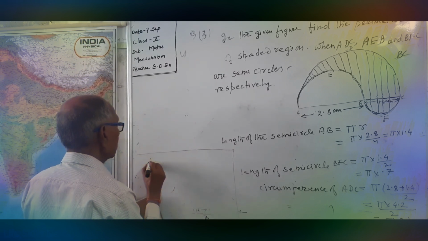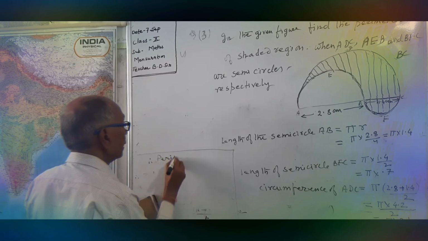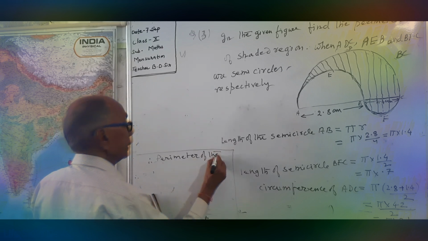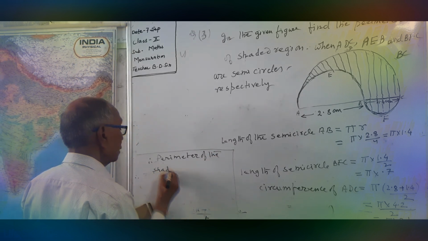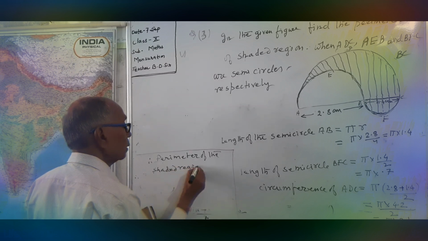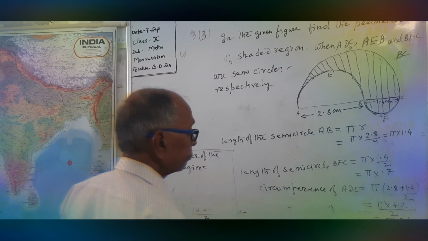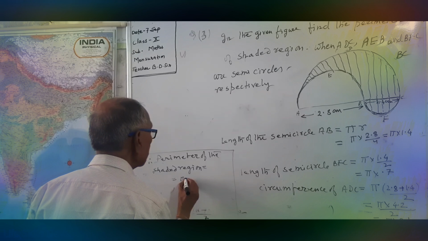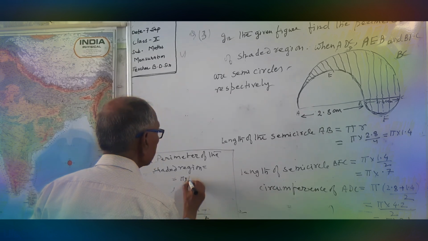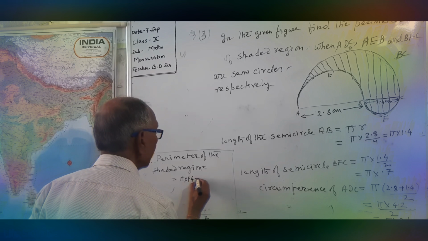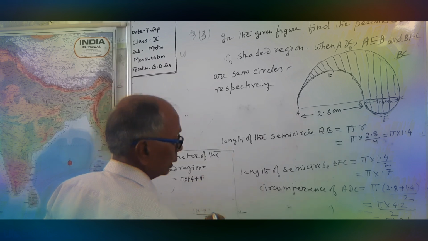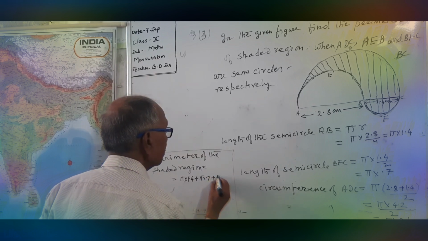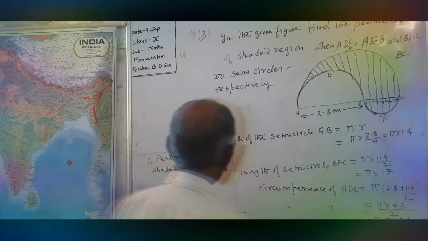Therefore, perimeter of the shaded region is equal to, we shall add all these, then we will get the answer: pi into 1.4 plus pi into 0.7 plus pi into 2.1.